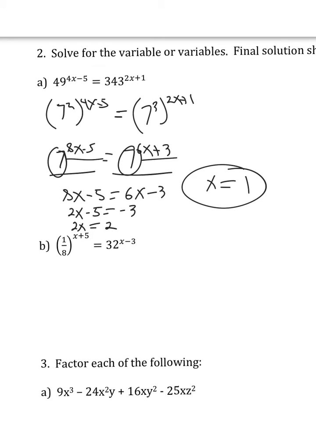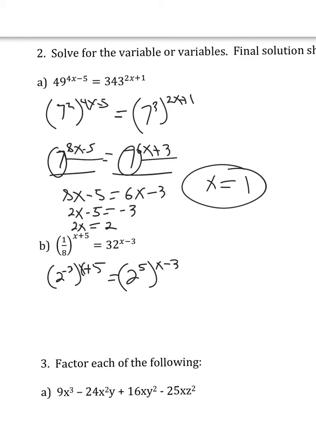Okay. All right. For B, we have 1/8 to the x plus 5 and 32 to the x minus 3. All right. We know that the bases here are going to be 2, and this is to the negative 3, to the x plus 5 equals 2 to the 5th to the x minus 3.